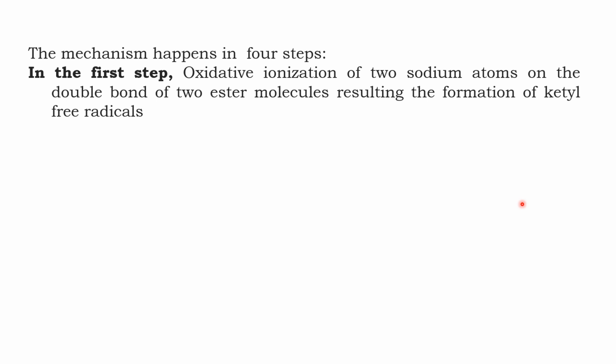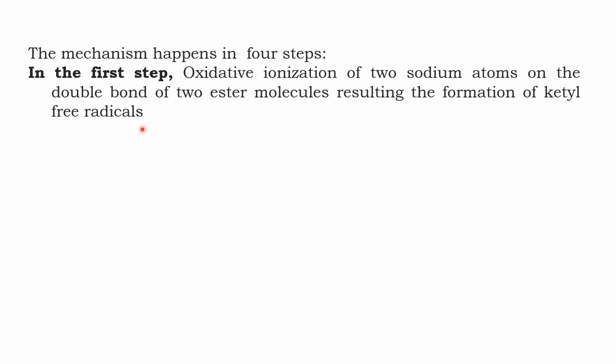So the mechanism occurs in 4 steps. 4-step mechanism occurs. So take down the steps. In the first step, the sodium will give electrons to the C double bond O of the ester molecule, to form ketyl free radical.